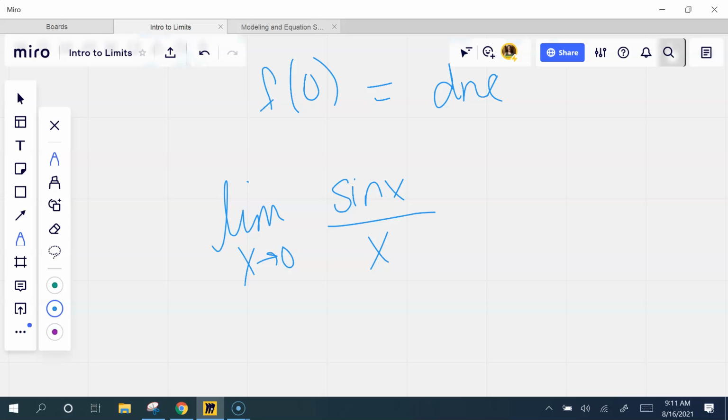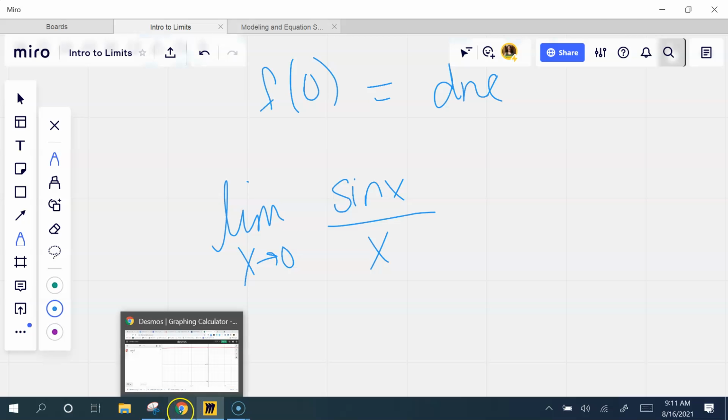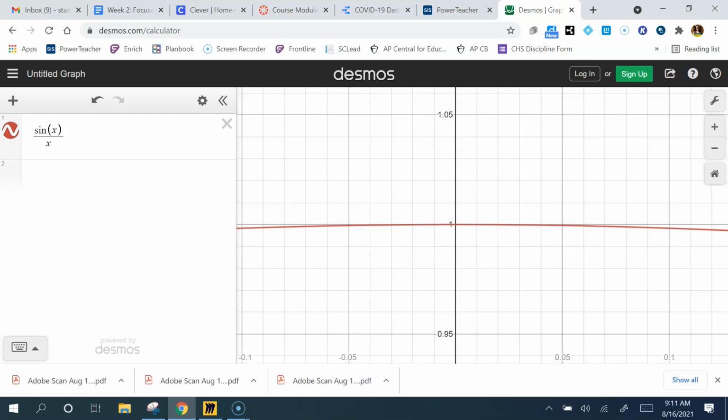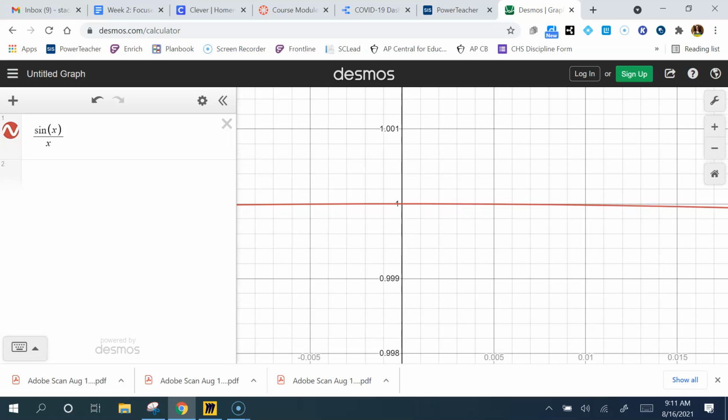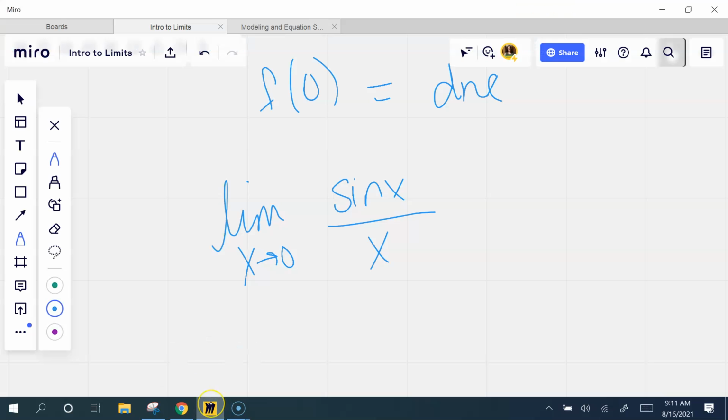We can clearly see by the graph, if you had to guess what the limit was looking at this graph, what do you think it is? 1. I would guess 1 also. This is a really important limit. And you're going to see it come up so many times.